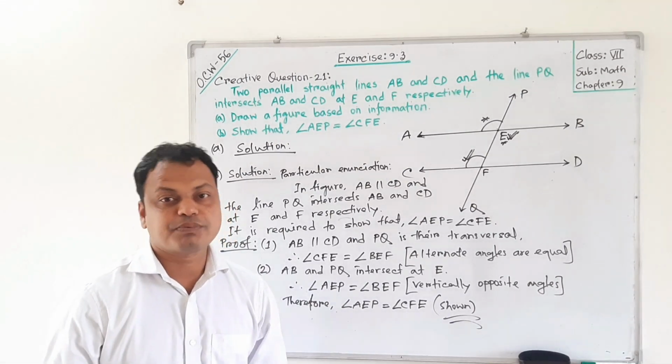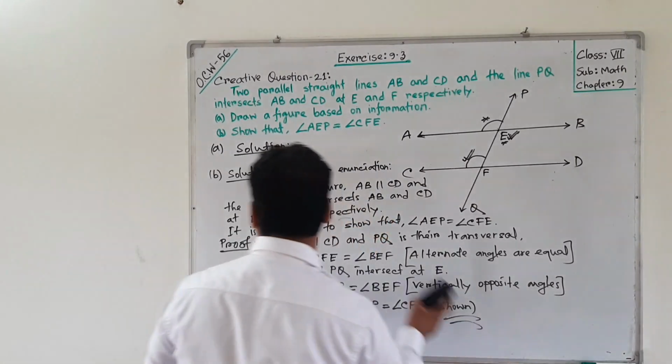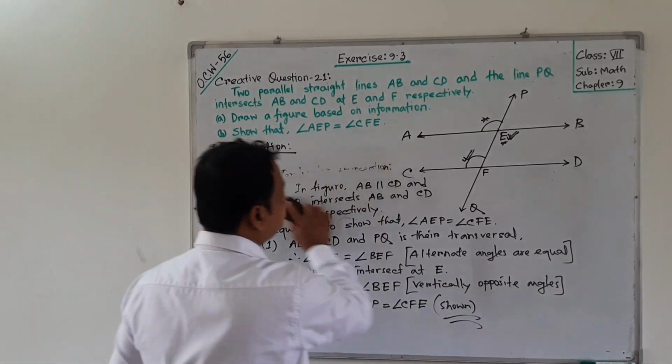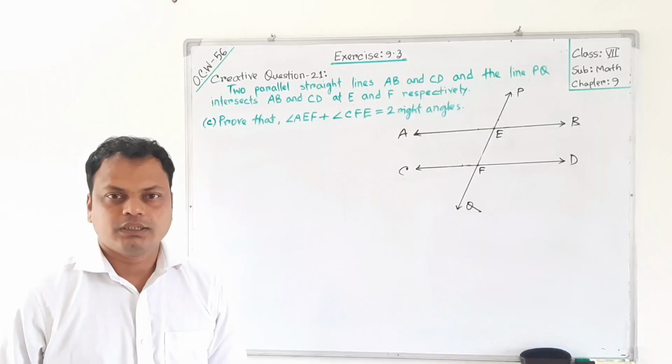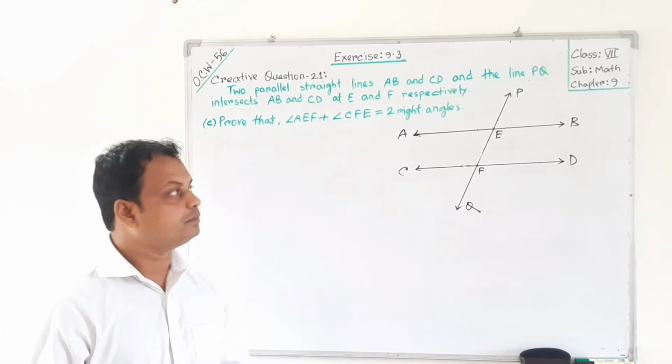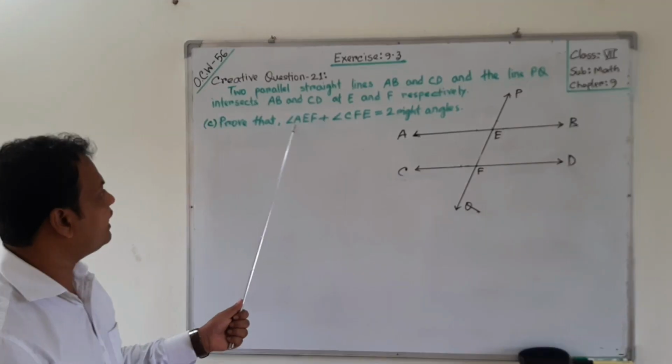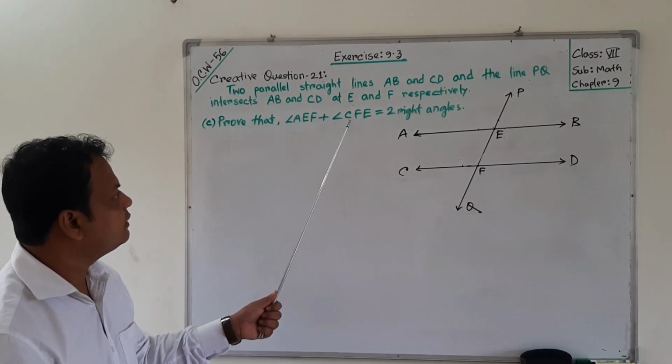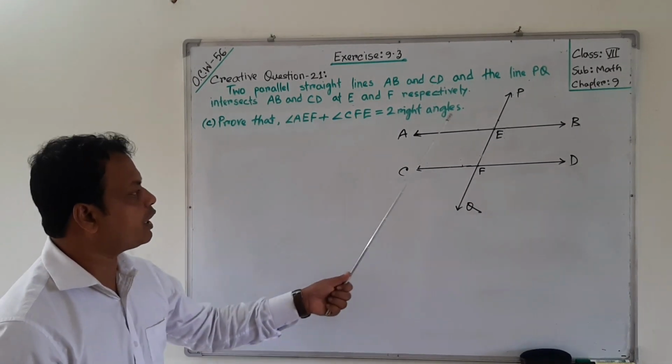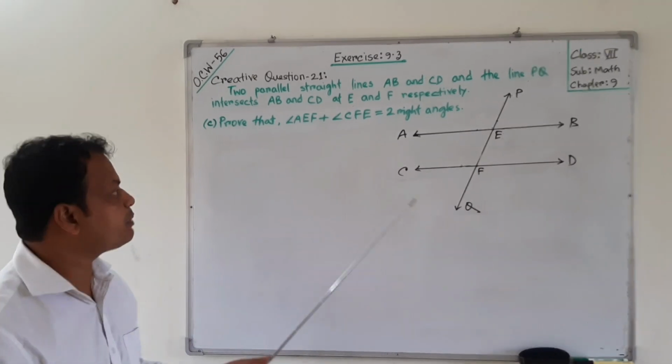Now we will solve C number question. Now read the question C. Prove that angle AEF plus angle CFE equals two right angles. We have to prove this part.